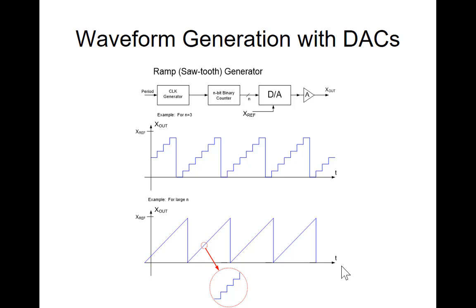This type of approach is used in a lot of our high-end test equipment for generating our ramp waveforms. We just have a DAC, and we might put a filter on to smooth a little bit of that roughness off on the output of the DAC, but not very much. We probably don't care in many cases if there's little steps there, because the steps are really small.